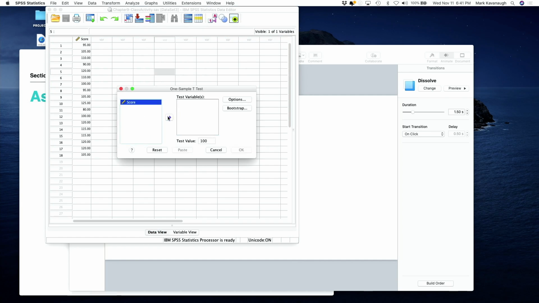I've named it score, so it's over here, and that's the test variable that I want to do. And right here, this test value, that's where you put the population mean. That mu, that thing that looks like a little u. You put that in there, and I put 100, just like the instructions in the textbook.